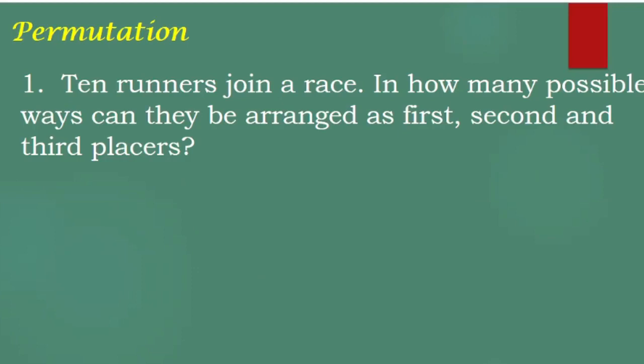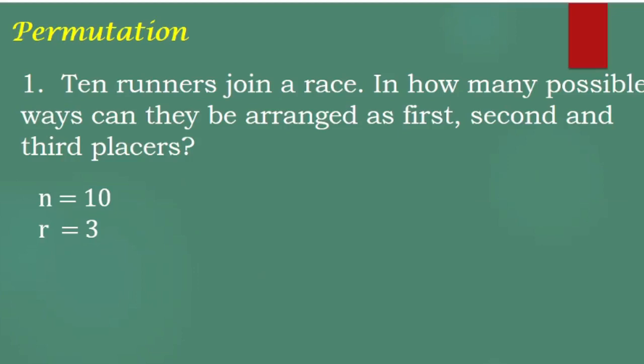Actually, class, we can use the permutation formula. To do this, you need to identify first the value of n as well as the value of r. From the given, we have n equals 10, and r equals 3.